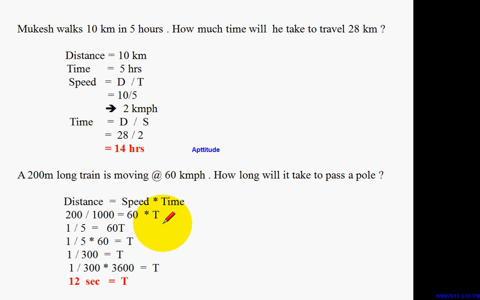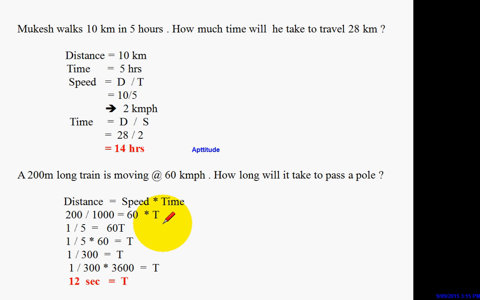The distance they have given in the problem is 28, and the speed we have already calculated is 2. So 28 by 2 will get 14 hours. So altogether Mukesh will take 14 hours to travel 28 kilometer. Right? So these are very basic problems. And the next one, see, a 200 meter long train is moving at 60 km per hour.